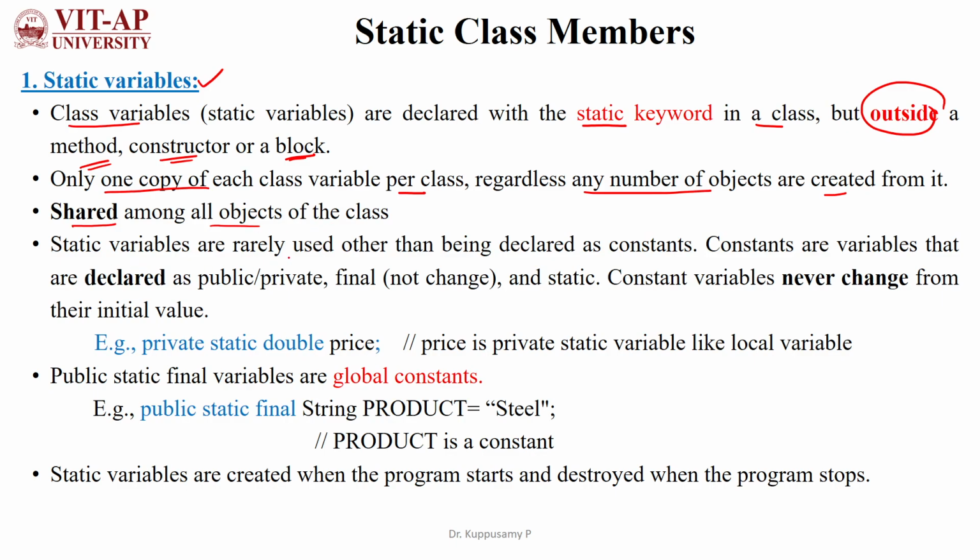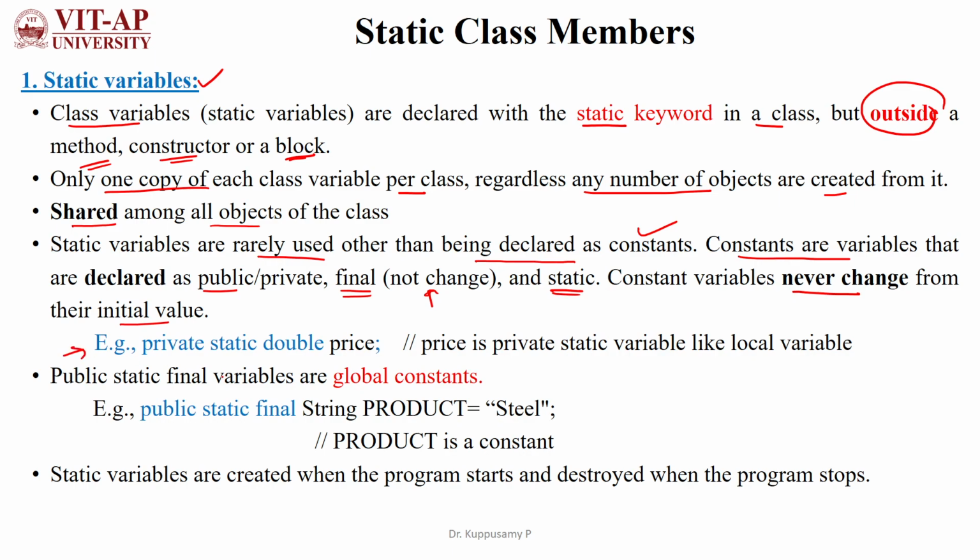Static variables are rarely used other than being declared as constants, because constants are variables declared using the public or private, final, and static keywords, which means they are not able to change. The constant variables never change from their initial value.